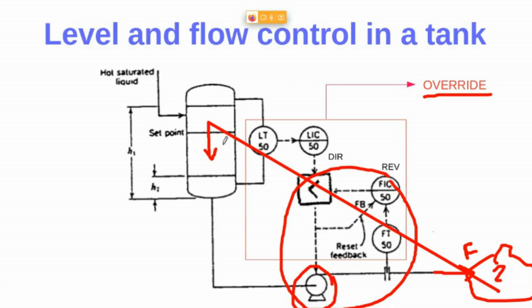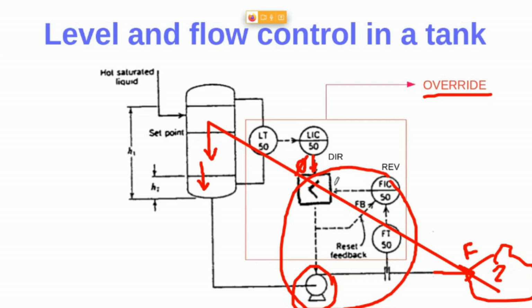So in this case, this selector will select the controller action for the level control loop, just because if this level is going down, down, and down, this controller will say, just stop the pump. So this controller action will be stop the pump in order to protect this pump.